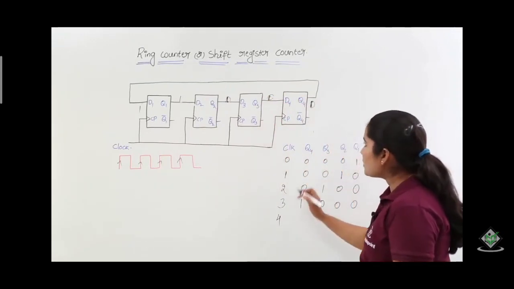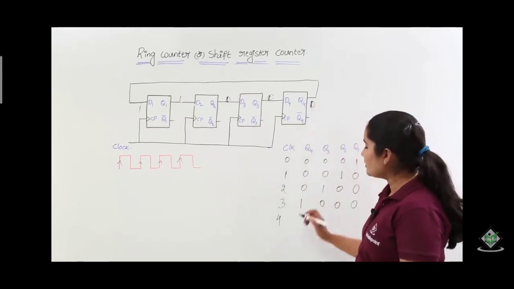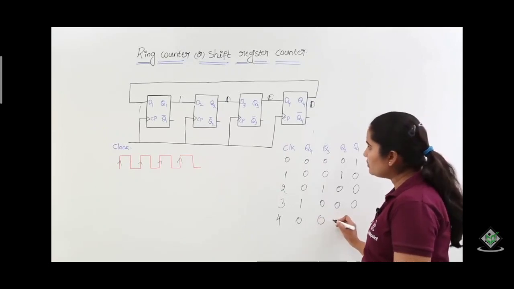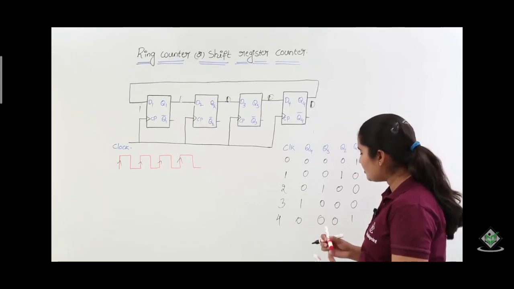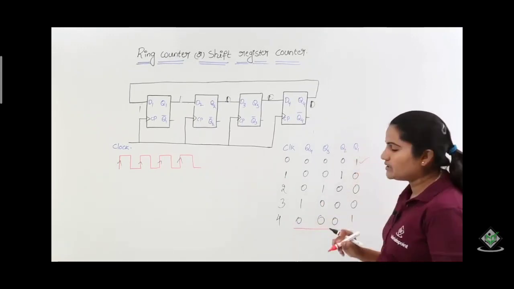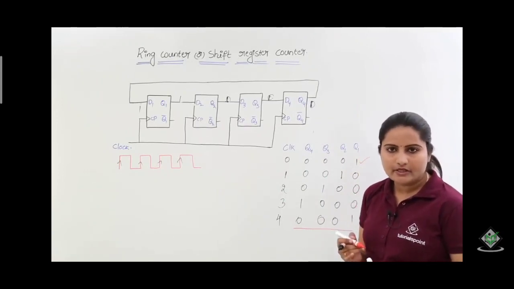So after application of the fourth clock pulse, my outputs are Q4 0, Q3 0, Q2 0 and Q1 is equal to 1. Here you can observe the same value as the initial state. So the counter stops counting.